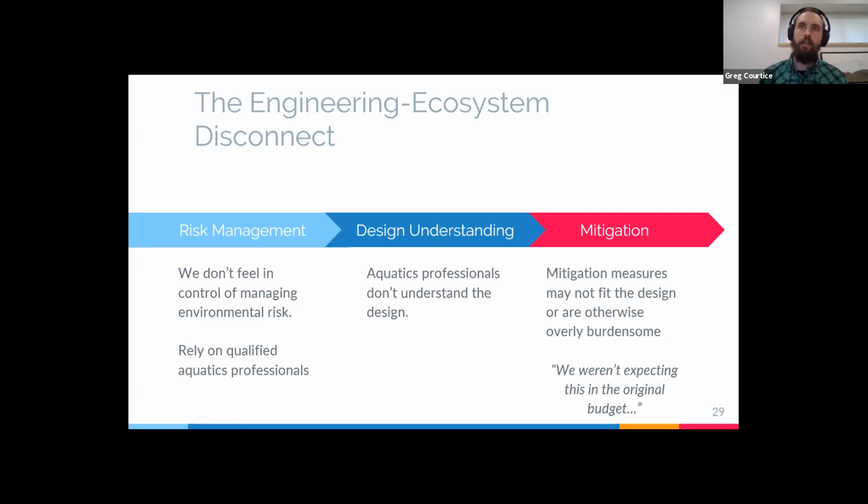And as a result, the mitigation measures may not reflect pragmatic risk management approaches for a given design or construction approach. And a lot of the time what results is budgets going through the roof because we didn't understand that we were going to have to mitigate suspended sediment in a certain way.